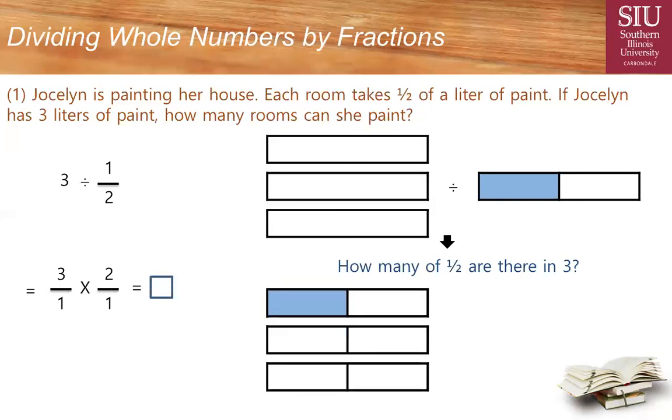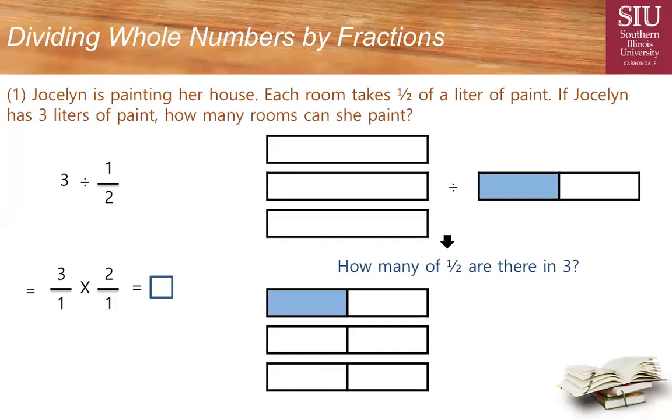Procedurally, you can see we take 3 over 1 times, invert and multiply, 2 over 1. So we have 3 times 2, we get 6. So the answer will be 6.